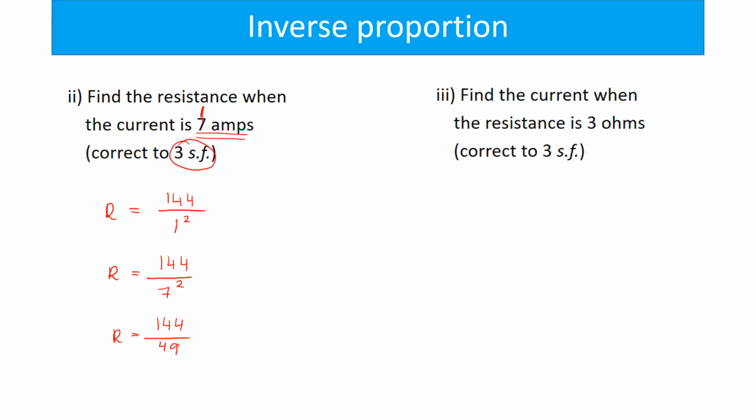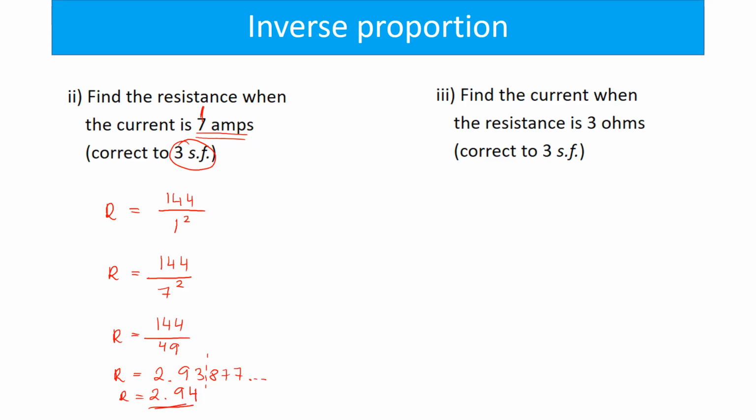When I put this into a calculator, I get 2.93877 and so on. So for 3 significant figures, 2 is the first significant figure, 9 is the second, 3 is the third. I need to look at 8 because it's more than 5, so I need to round 3 up. So the answer is 2.94.